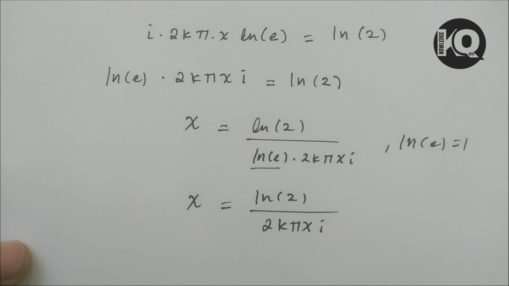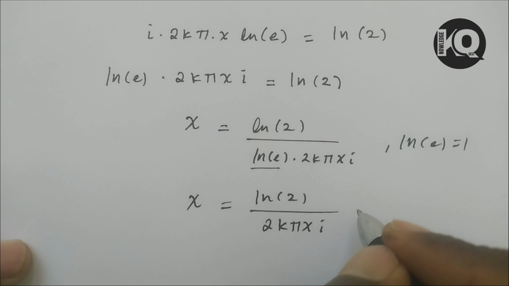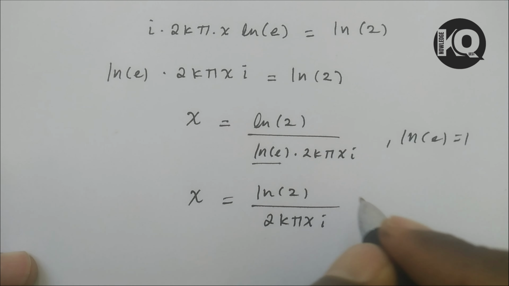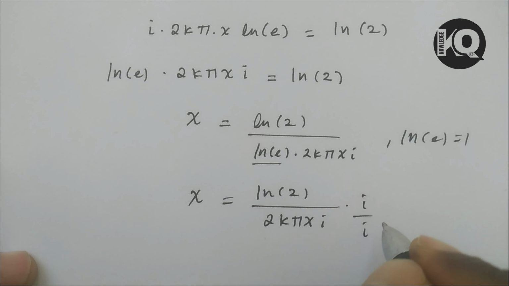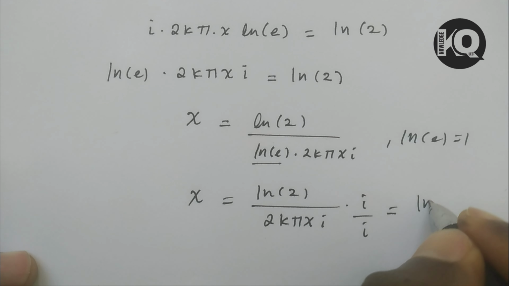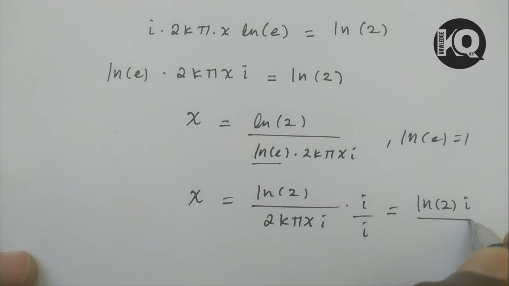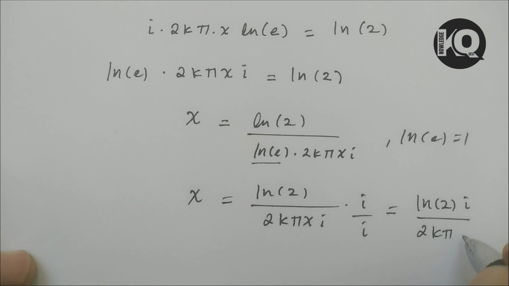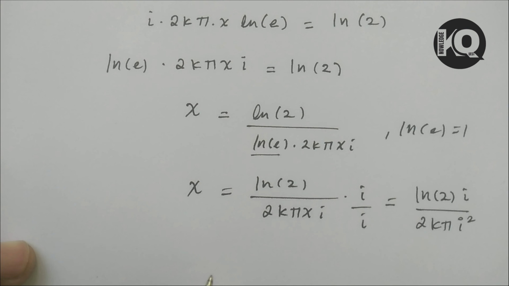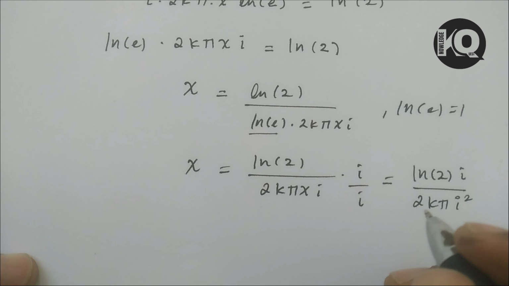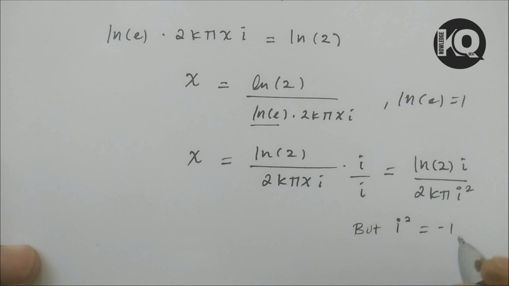So rationalize this expression, that is, multiply by i over i. This will be ln of 2 times i divided by 2k pi times i squared. But i squared is equal to minus 1.